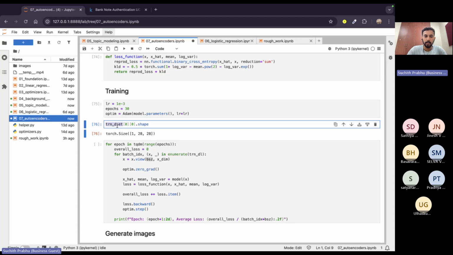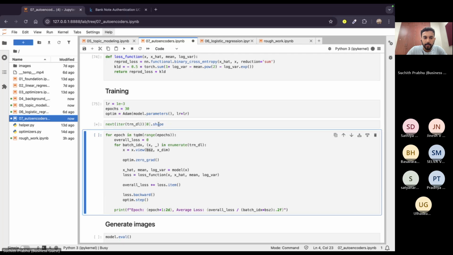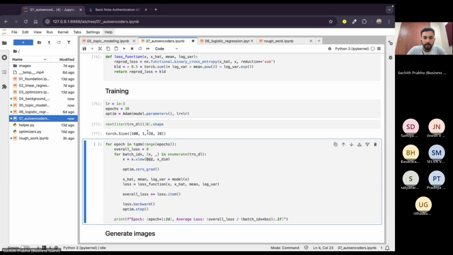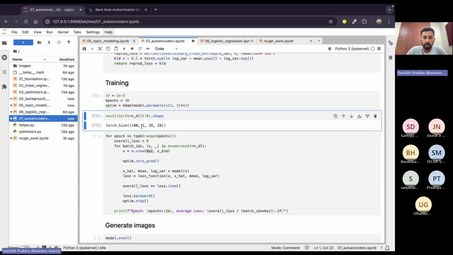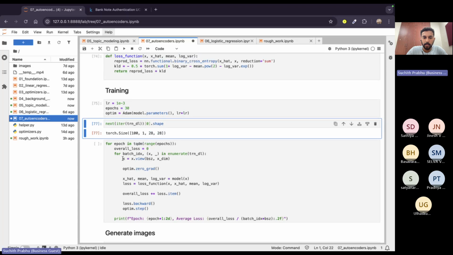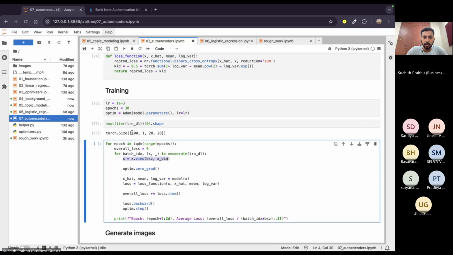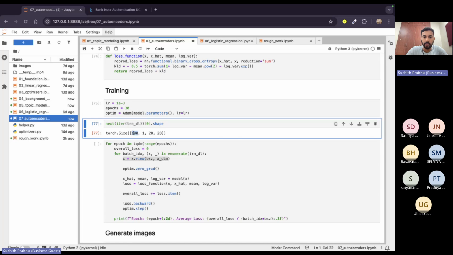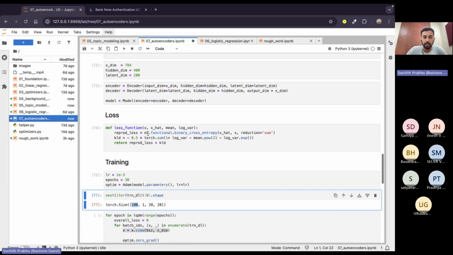So we'll flatten this out. What we're doing here is just resizing this into a matrix, so we'll get a 100 cross 784 size matrix.